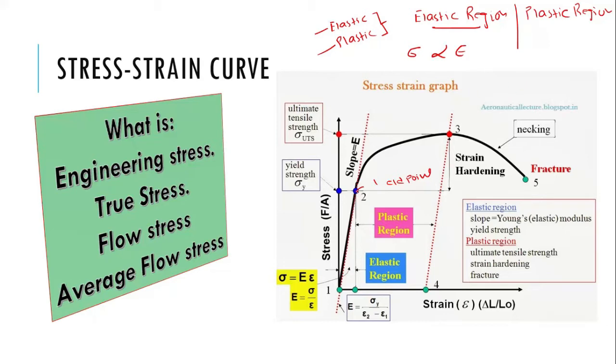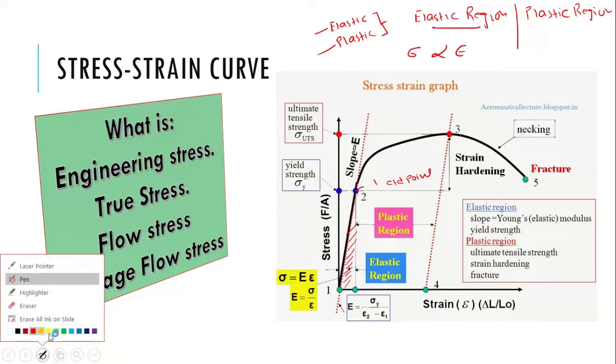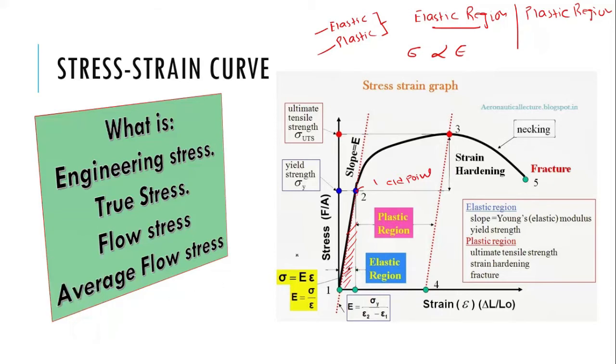The region before this yield point is known as the elastic region, and the region beyond that is the plastic region, right?